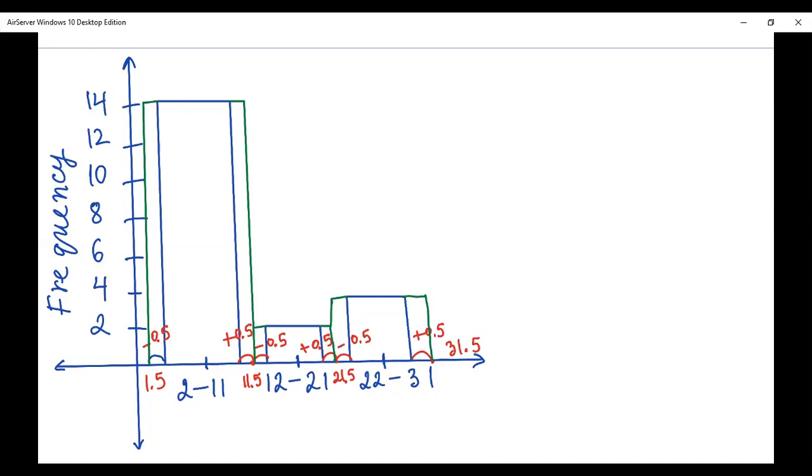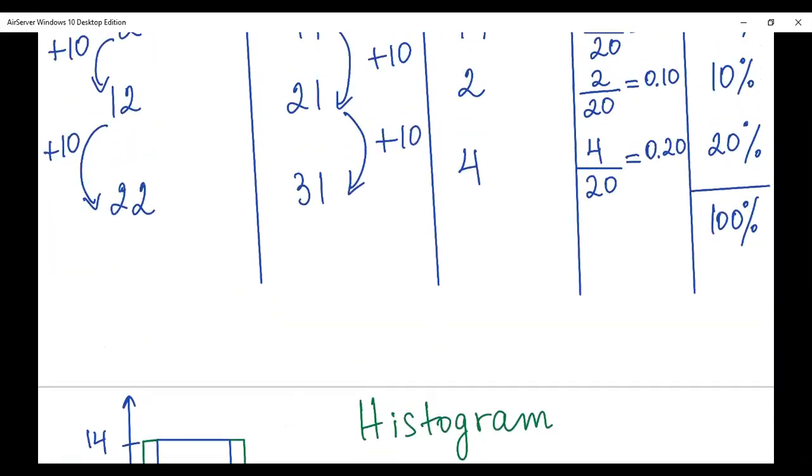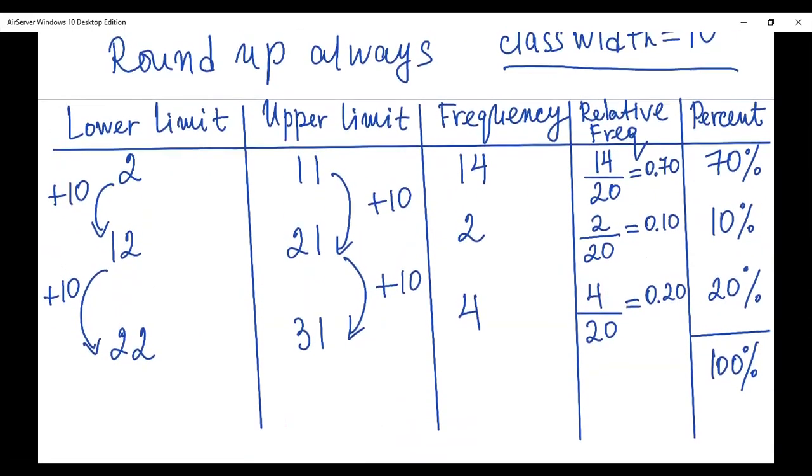Perfect. So this is our histogram. What we can see from our histogram is that most of the numbers are between 2 and 11, and we have less numbers between 12 and 31. So this is how we do our histogram for the second question.